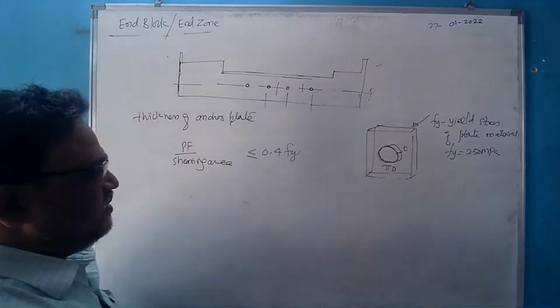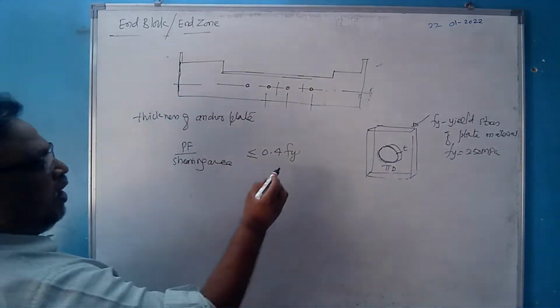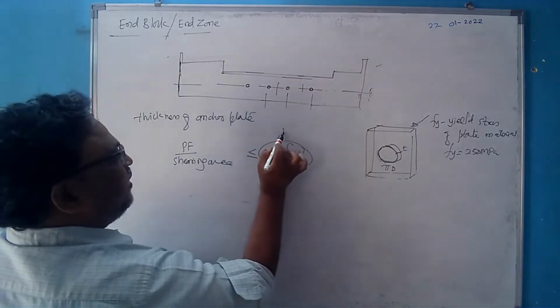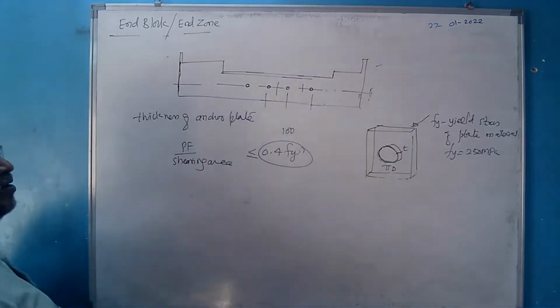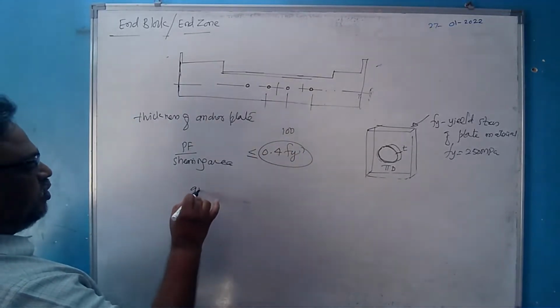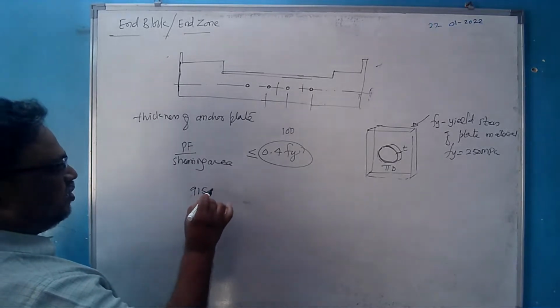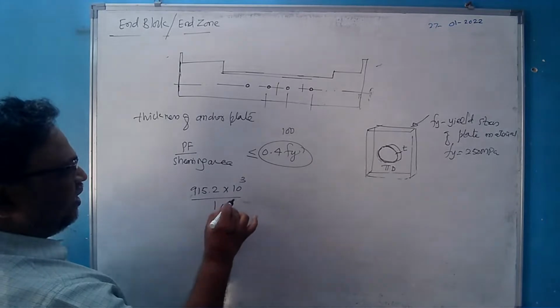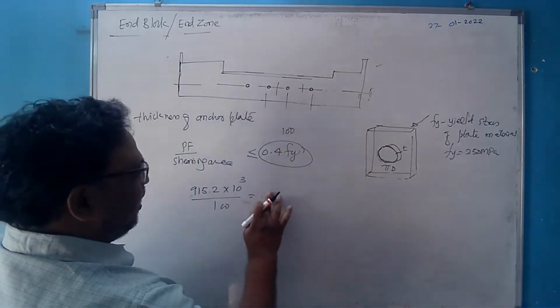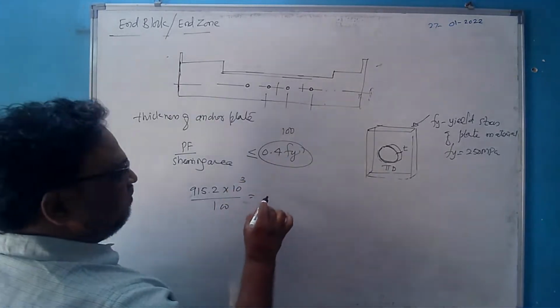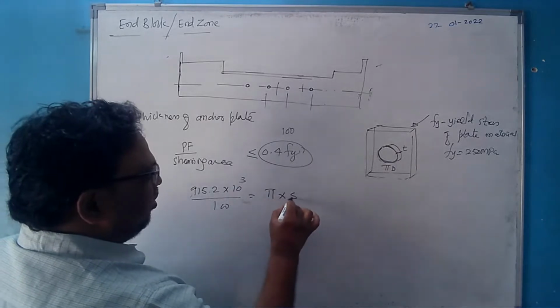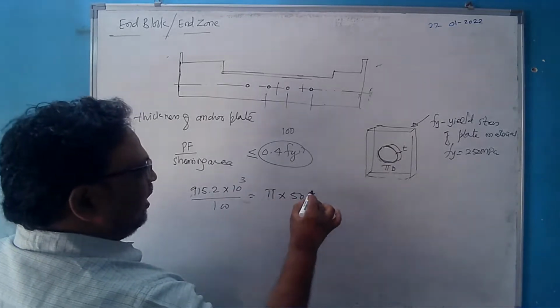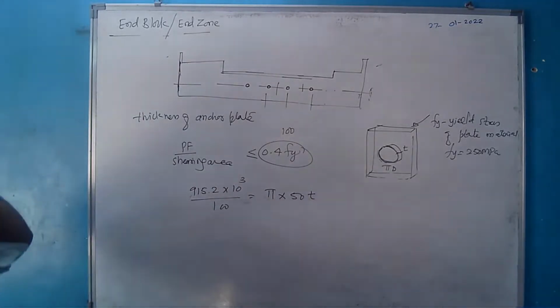So 0.4 times 250 comes to be 100 MPa. So the pre-stressing force was 915.2 into 10 raised to power 3 divided by 100, and we get the shearing area. How much will that shearing area be? Pi into the diameter of the duct, which was 50 mm, and let the thickness be t. So that will decide.